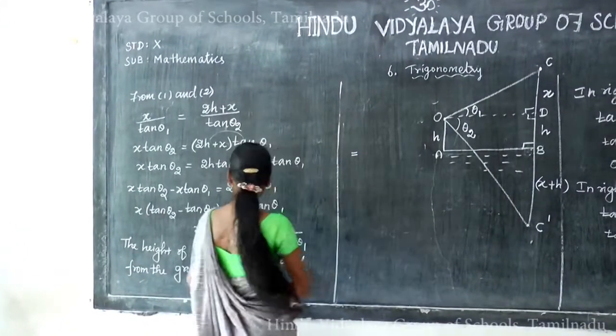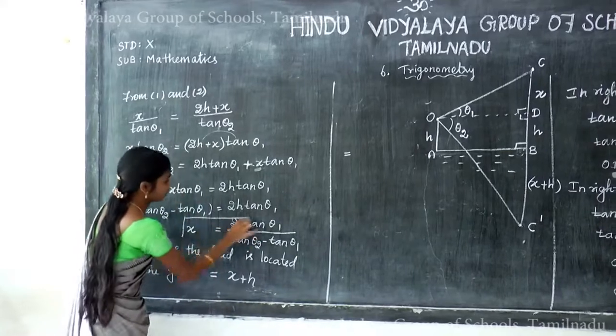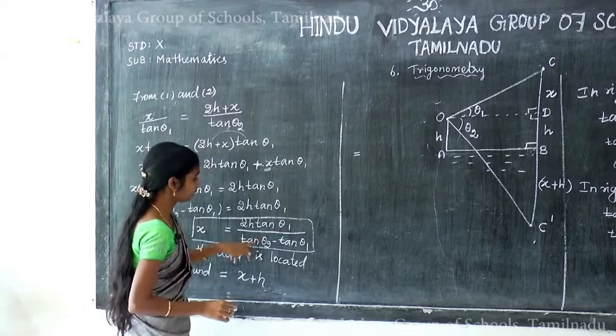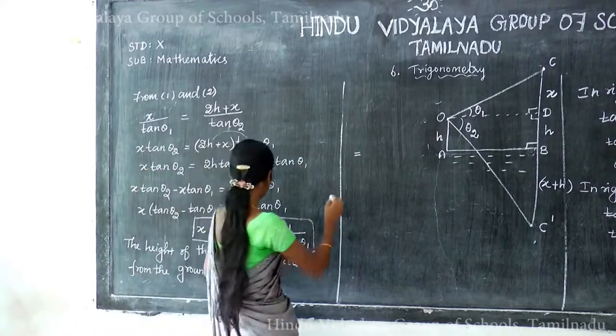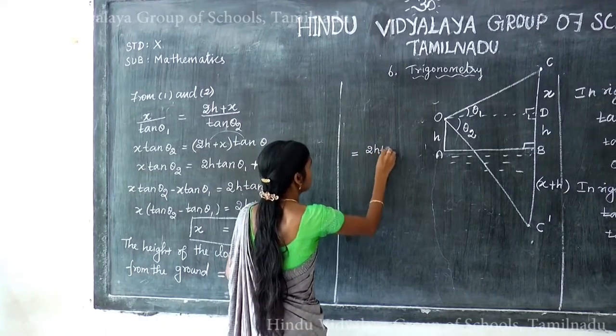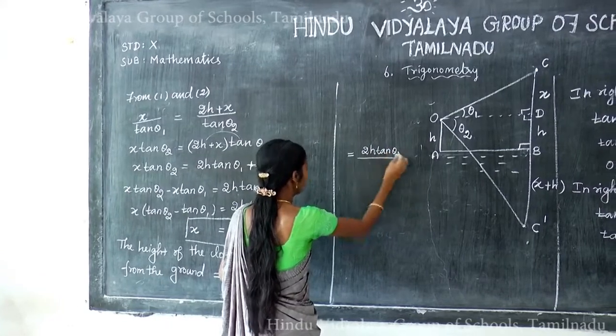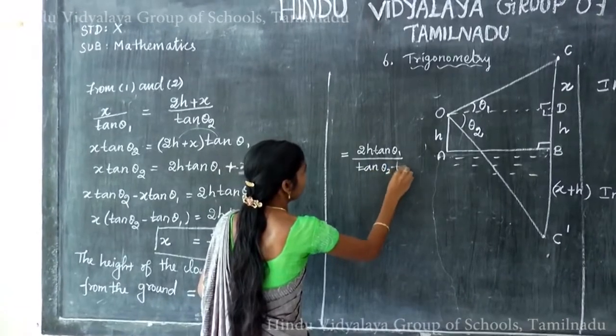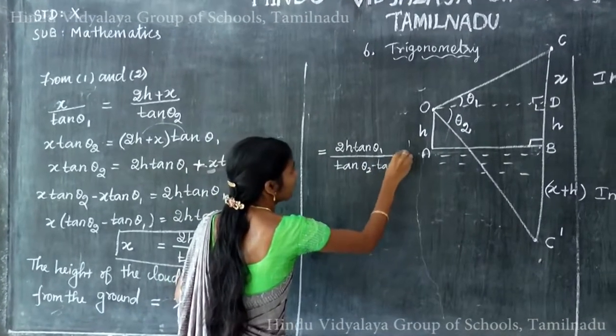What is the value of x? We already found the value of x. That is 2h tan theta 1 by tan theta 2 minus tan theta 1. So 2h tan theta 1 by tan theta 2 minus tan theta 1 plus h.